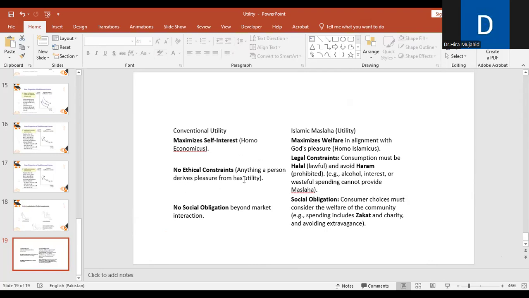There is no ethical constraint in the conventional view. In the Islamic point of view, there is a legal and ethical constraint: whatever we are consuming should be halal and we should avoid haram things. There are no social obligations in conventional utility. Here in the Islamic point of view, there are social obligations. We must make choices according to the welfare of the community, like spending on charity and zakat, right?